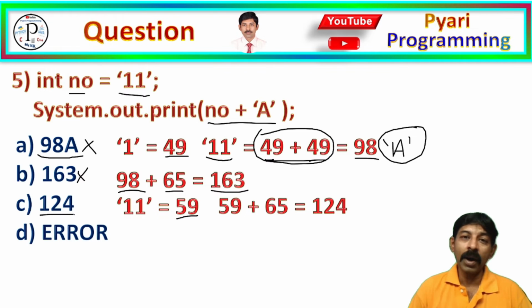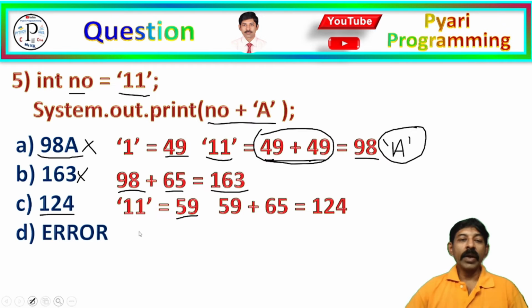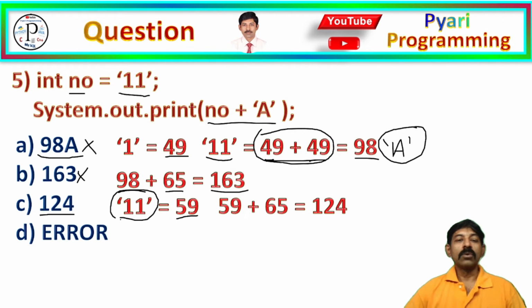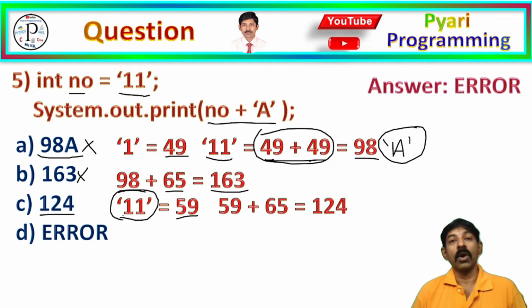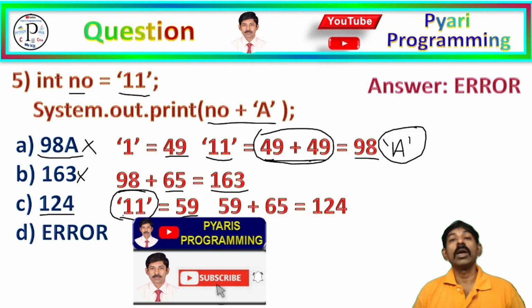If we put a tick mark on this, this is again wrong because here two characters are enclosed within single quotes, which is not allowed. So that's why the answer is error. A single alphabet or single digit can be enclosed within quotes for a character constant. We cannot have more than one character. That's why it is error.